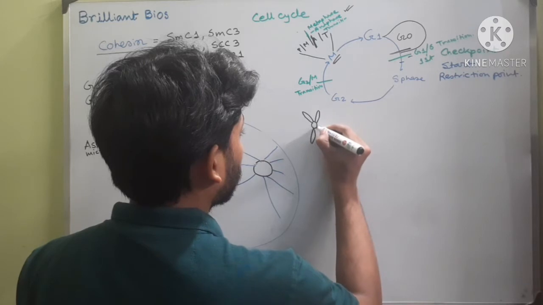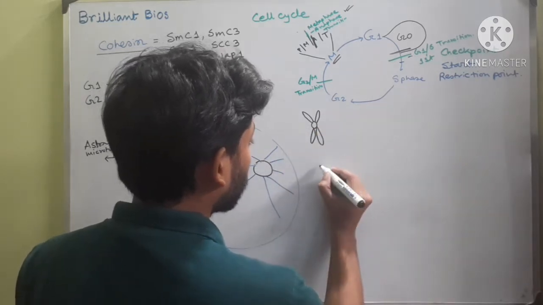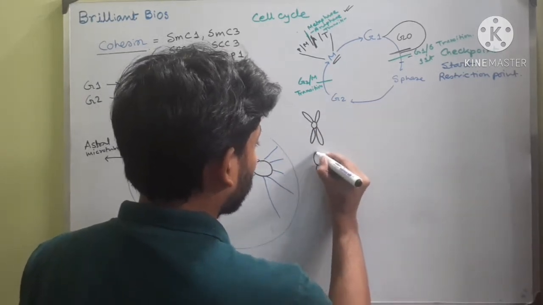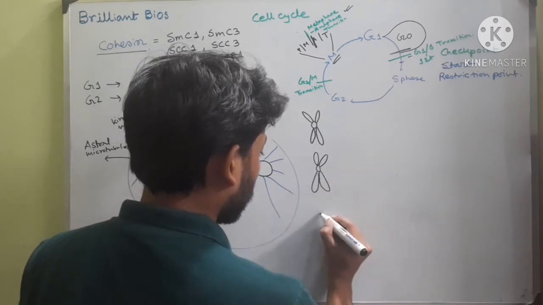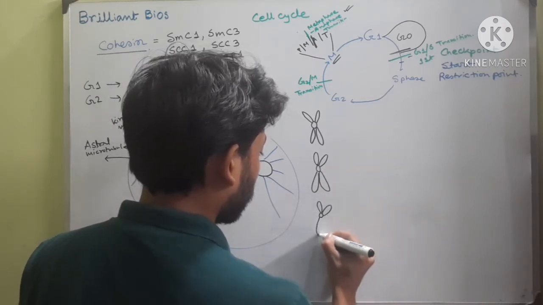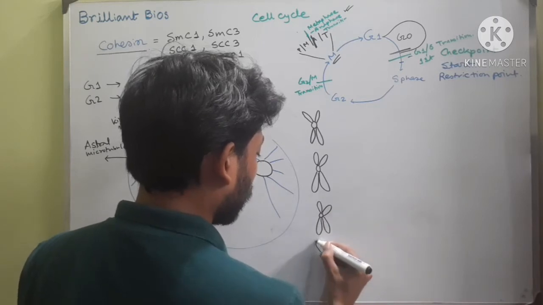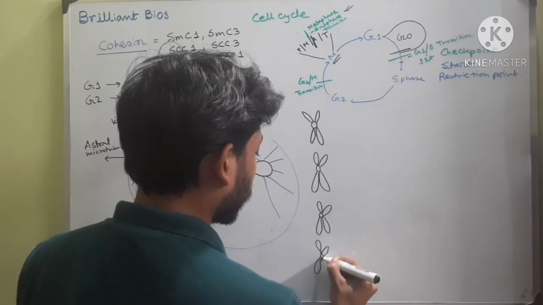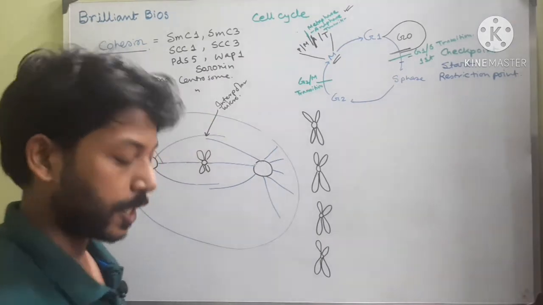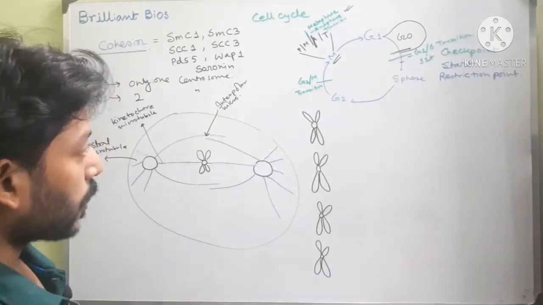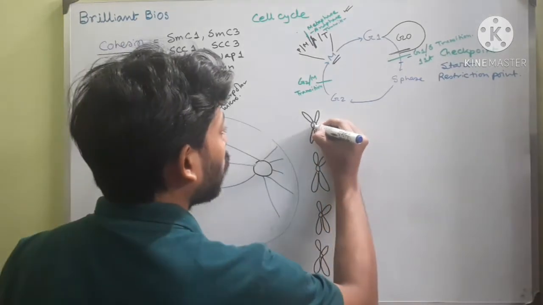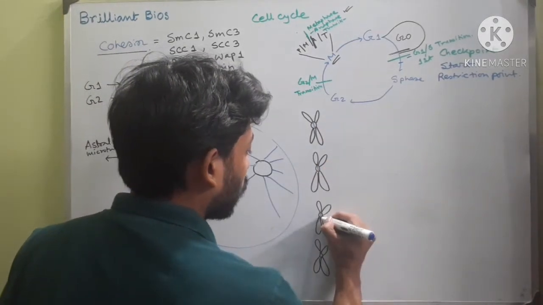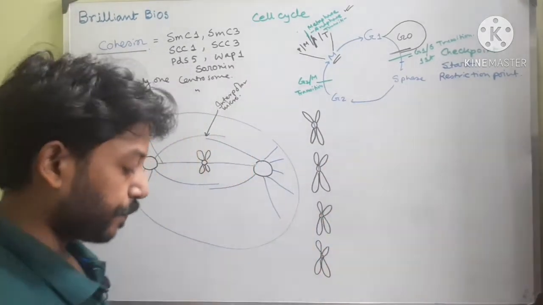Let's suppose this is a sister chromatid, this is another, this is another, and this is the 4th, because I will give 4 examples of microtubule arrangement. Each chromosome has 2 kinetochores.